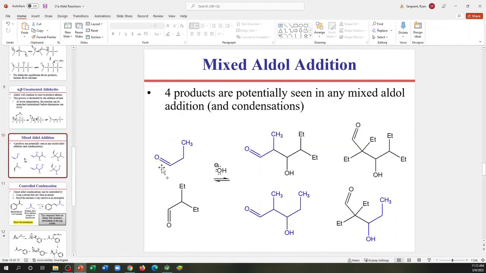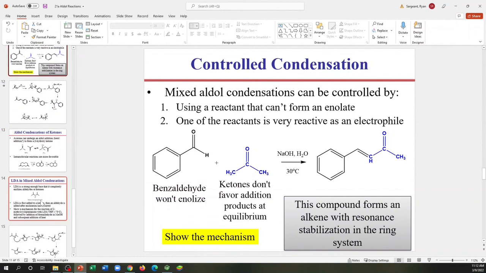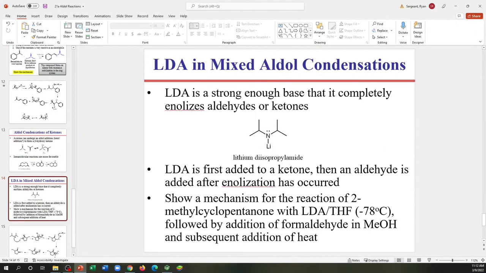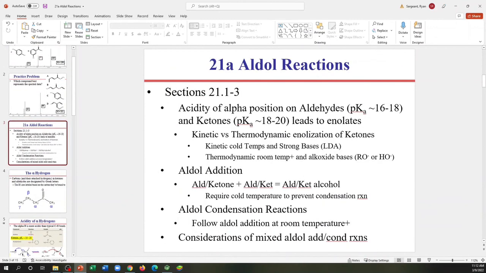If we add two different types of aldehydes together, you can end up with a variety of products that you don't want. So we talked about how we can use a ketone for one and an aldehyde without an alpha carbon for the other, or you can use LDA to completely enolize one and then add in the second aldehyde or ketone as a completely second step, so you only get one type of enolate. So that was the considerations that we get to here with mixed aldol condensation reactions.